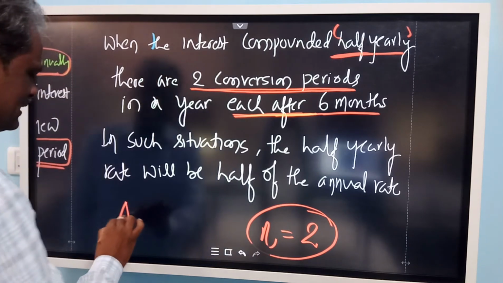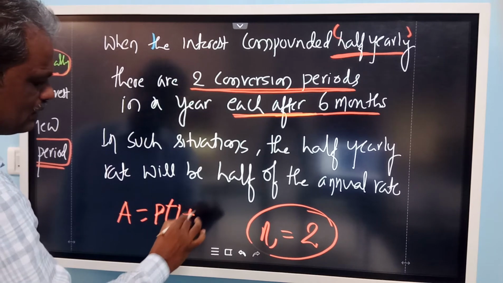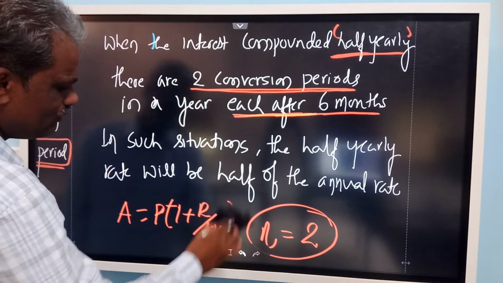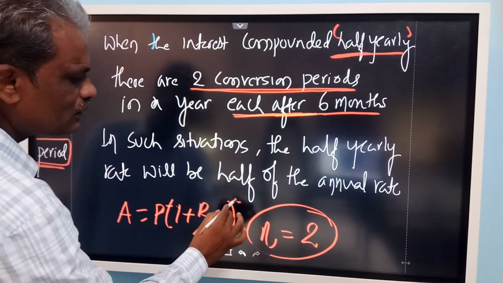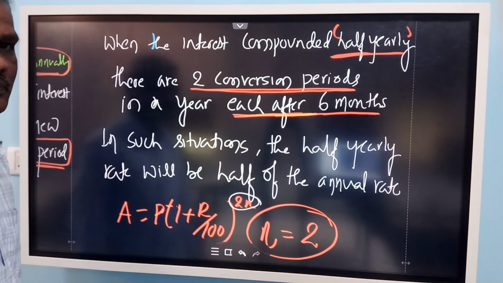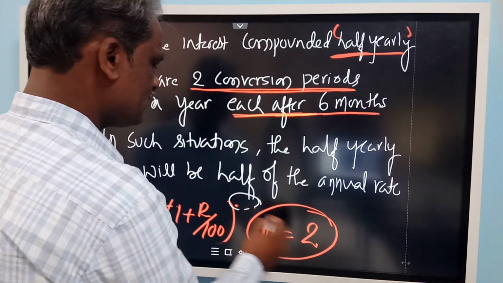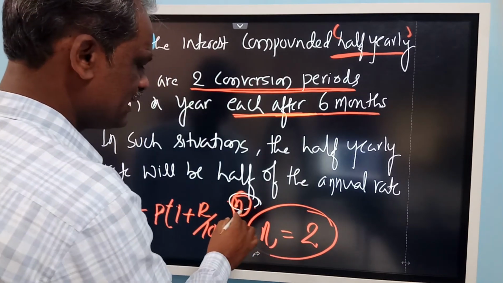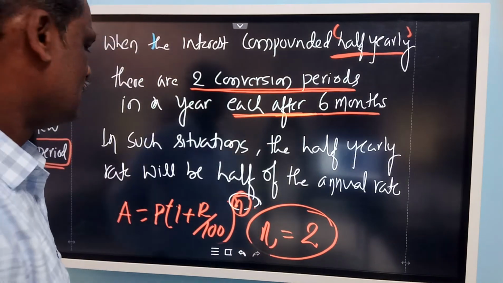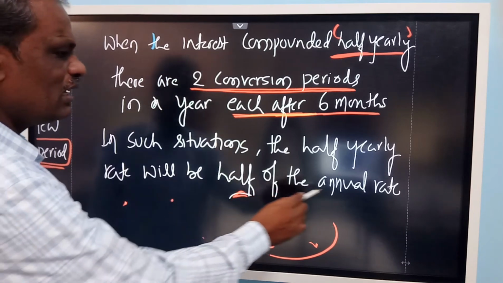We have the formula A is equal to P into what? P into 1 plus R by 100 whole to the power 2n. Here n will become 2. Another thing, the rate will become half of the annual rate.